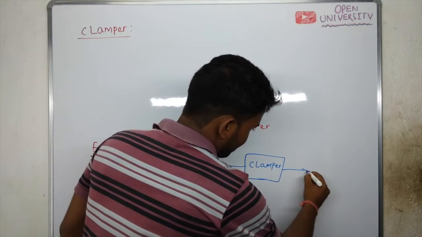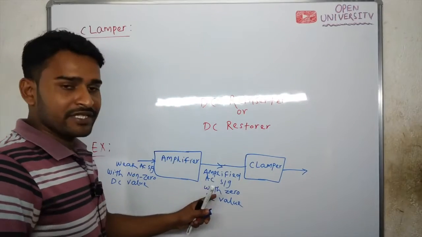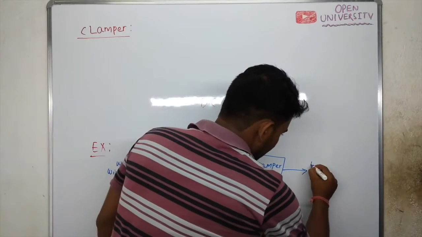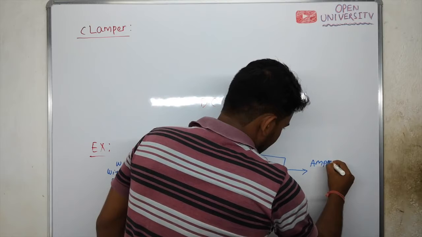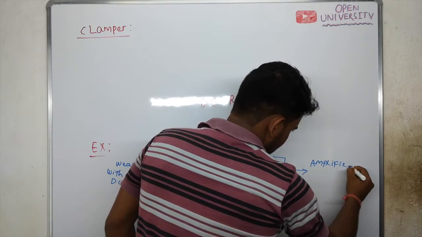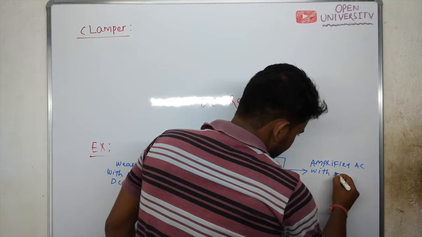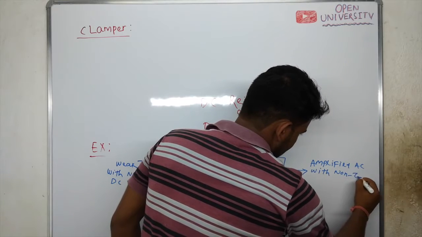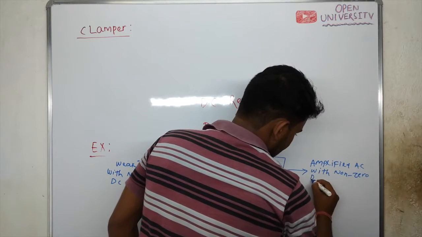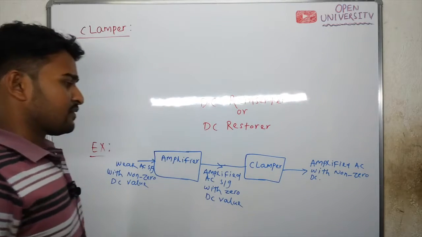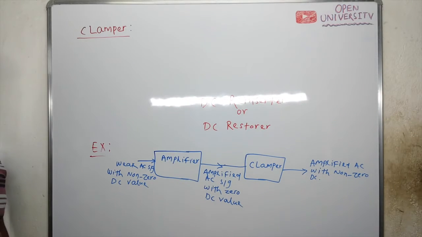Then the output of the clamper will be amplified AC with non-zero DC. So this is the purpose of the clamper.